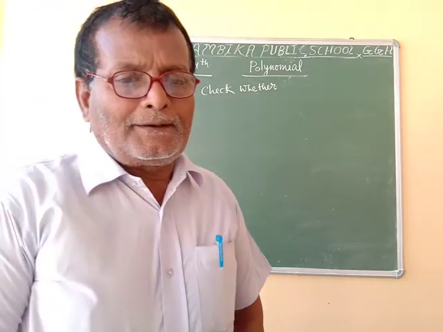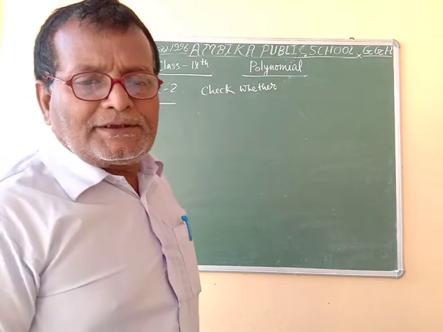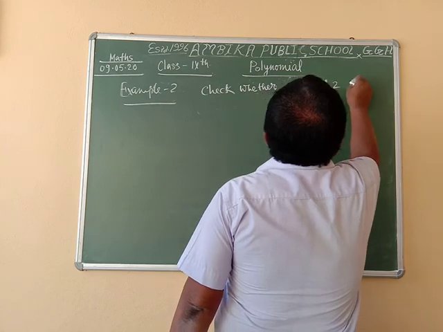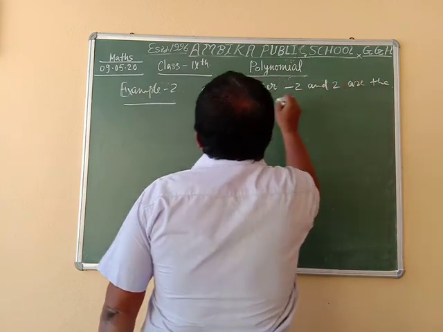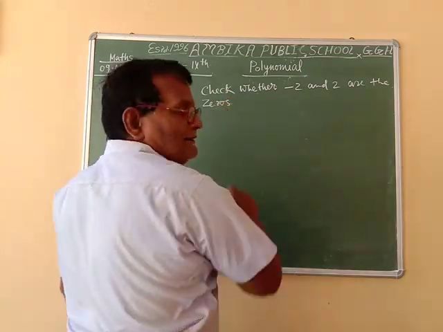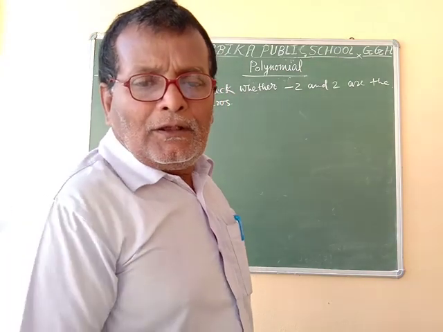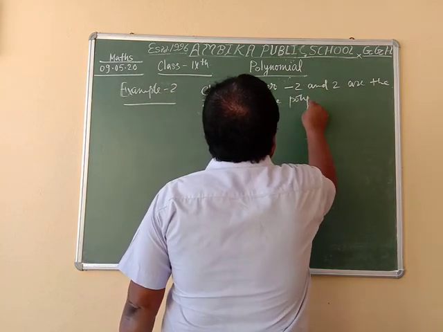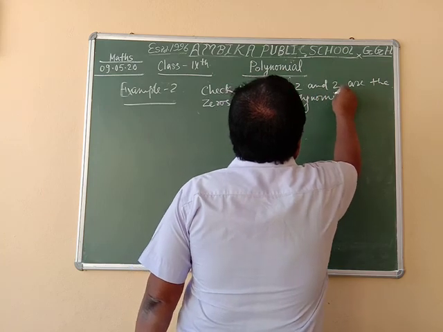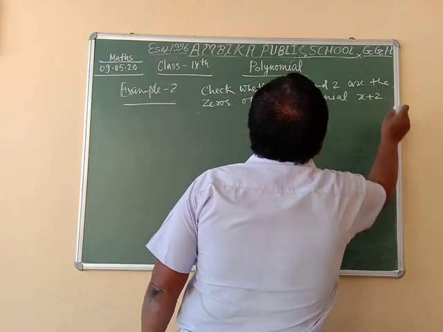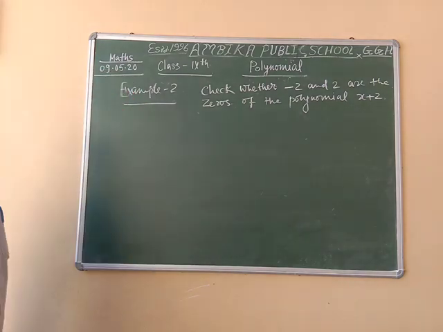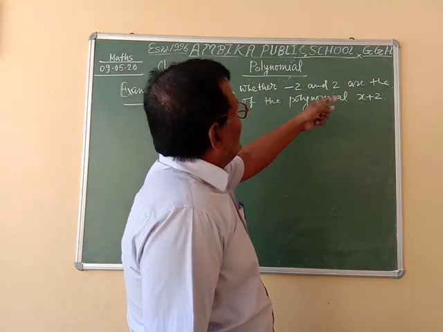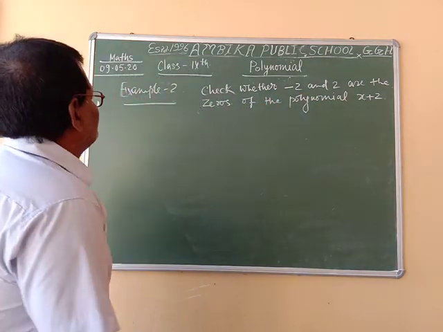Check whether minus 2 and 2 are the zeros of the polynomial x + 2. You are given a polynomial x + 2 and you have to check that minus 2 and 2 are the zeros of the polynomial.